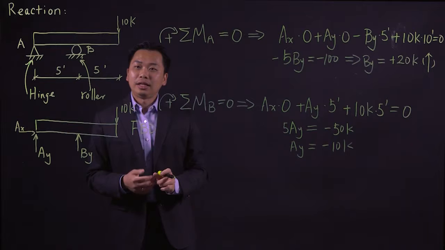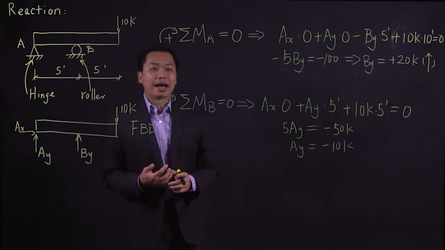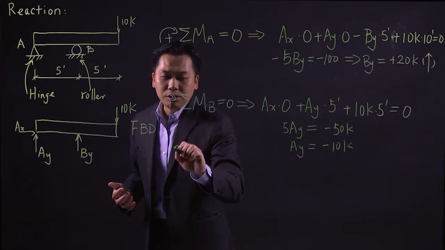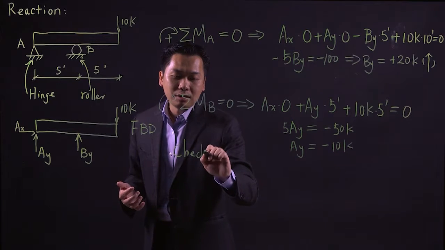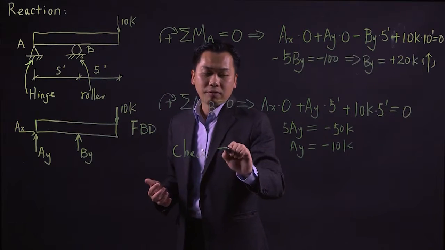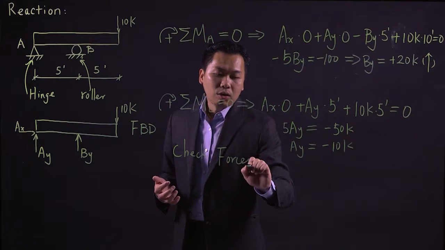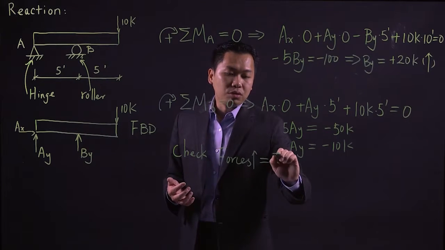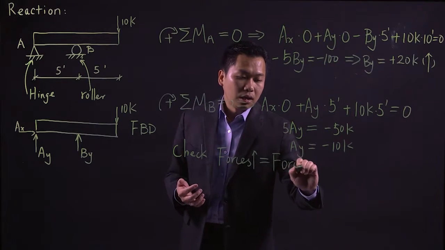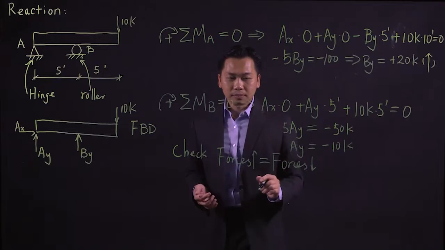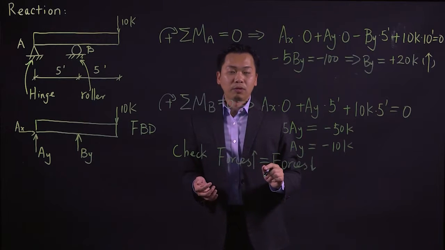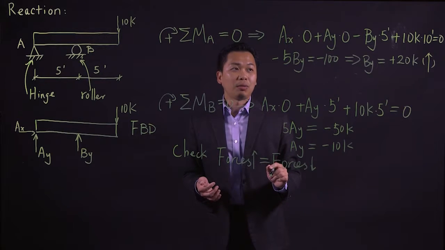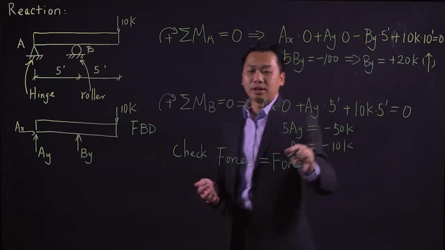After we calculate the reactions Ay, By, and Ax, we need to check to see if that is correct. We can check if the force going upward is equal to the force going downward. What force do we have going upward? We have this 20 kips here.